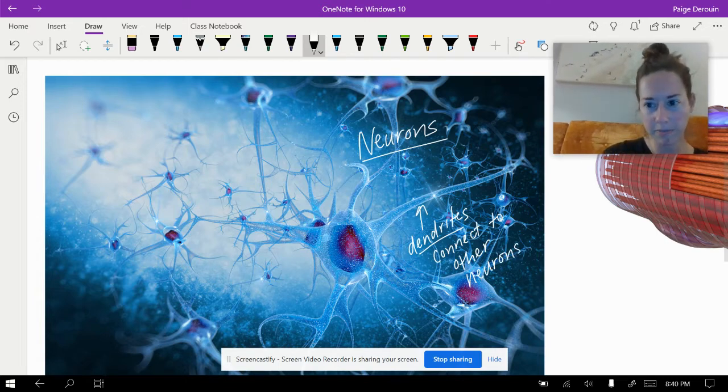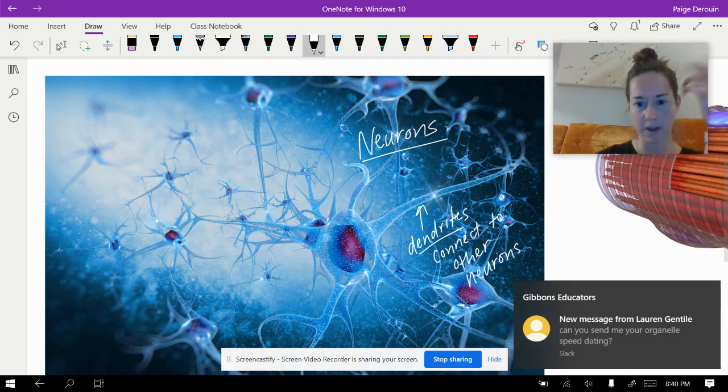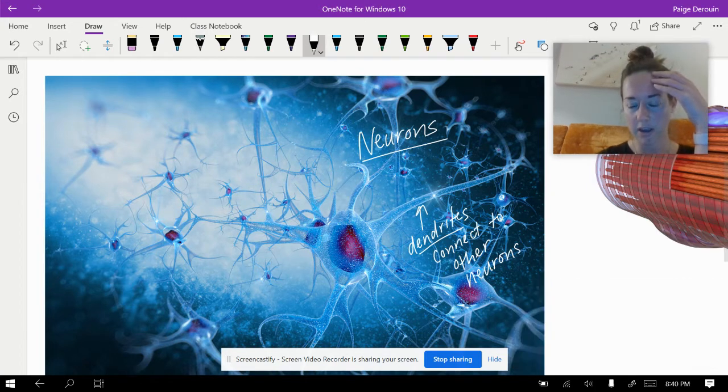Neurons are some of the biggest cells in your body. The only cells that are bigger than them are egg cells, and those are only in females. So if you're male, neurons are the largest cells of your body. And they're obviously super important because they are the way that you feel everything and do everything. So there you go.